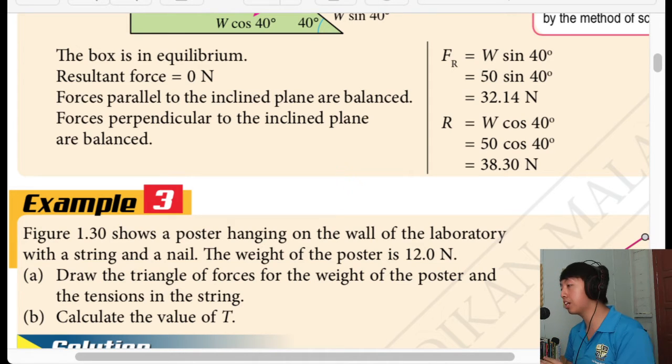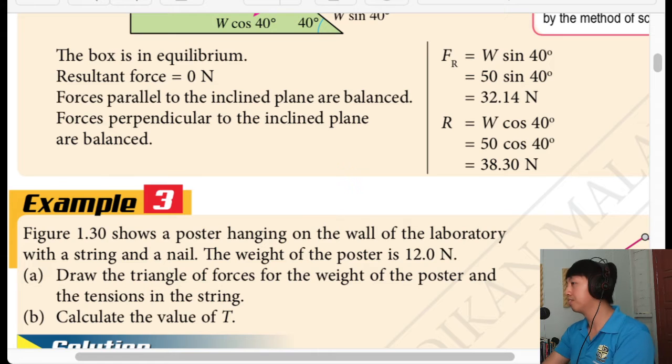If your scale drawing and your calculation are almost the same, maybe different by 1 or 2, then you can assume that your calculation should be pretty accurate. Now, if there's a difference of like 10 or 50 or 100, then probably there's a mistake either in your scale drawing or most likely your calculations.